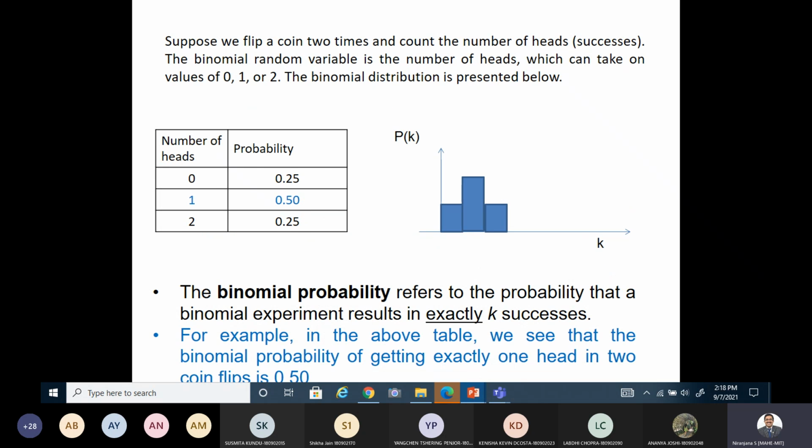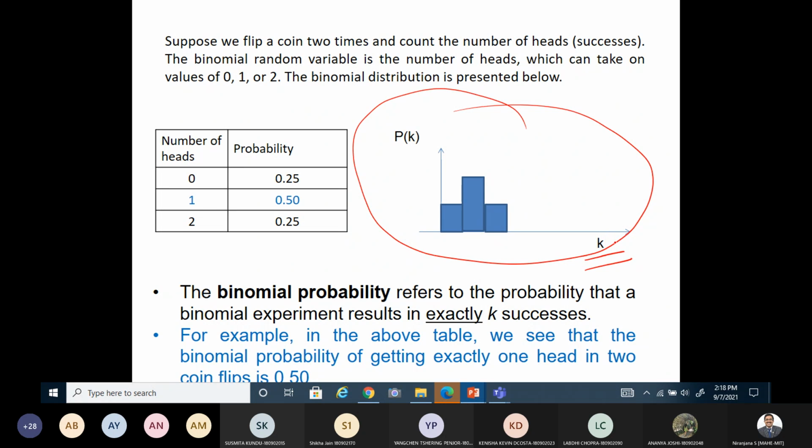So once you calculate, then you can plot it with respect to your feature, a variable. K is a variable, with probability of K on the y-axis. Getting zero head, first step. Getting a single head. Getting two heads.